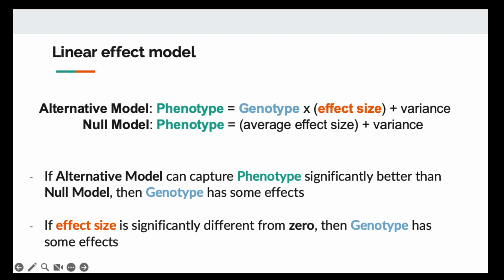But if the effect size is significantly different from 0, then we know the genotype has some effect. So this is another way, different from ANOVA, that can tell whether a certain factor, in this case genotype, contributes to the phenotype. And we will see this kind of linear effect model again in transcriptomics and in other omics. It will come up again and again.